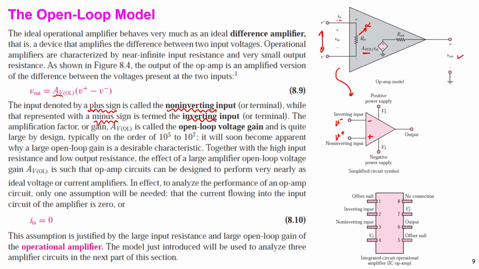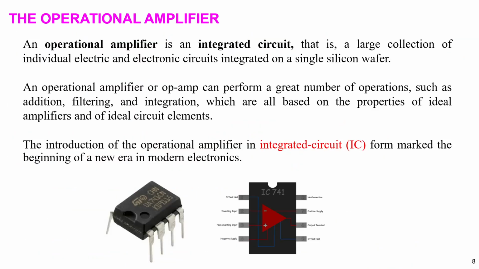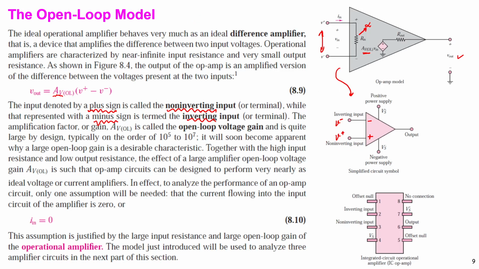Physically, this is the op-amp. If we have this type of device, we have 8 pins. The IC with 8 pins needs a power supply to make it work. We supply positive and negative power from some source.